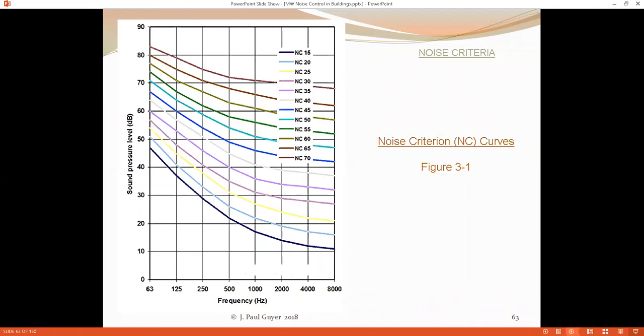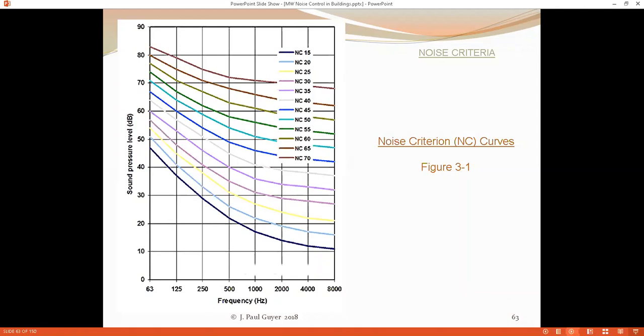And so looking down at the bottom curve, the NC15 curve, this curve says that if the sound in your receiving room is to be 10 decibels, say at 4,000 hertz, then that would be below the NC15 curve.